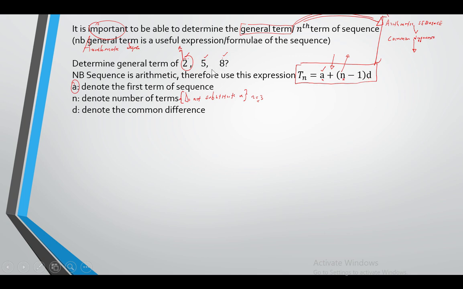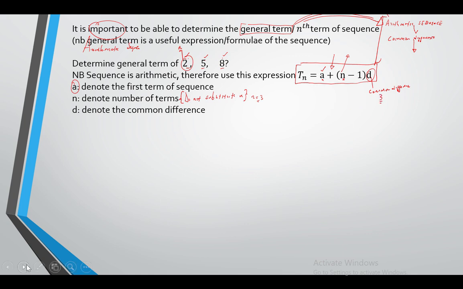So d on the formula represents the common difference, and the common difference of the sequence 2, 5, 8 is 3.